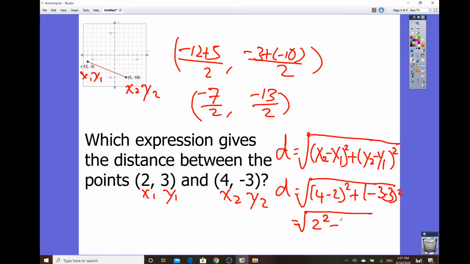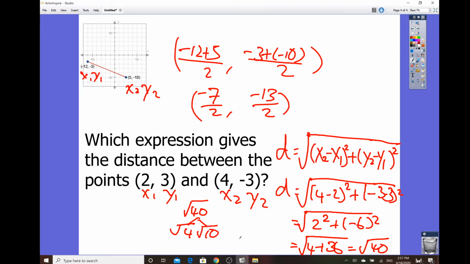Negative 3 minus 3 is negative 6 quantity squared. So 2 squared is 4, negative 6 squared is 36. We have square root of 40. Try to break it apart into a perfect square and a non-perfect square number: we have 4 and 10. So the answer can be written either as root 40 or 2 root 10, if we simplify it all the way through.